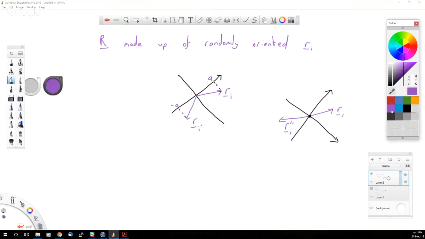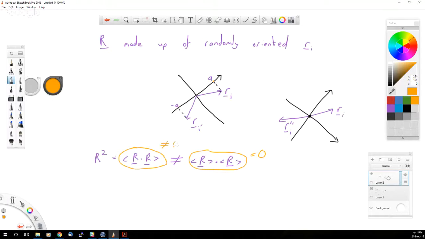However, what we then go for is R squared, and this is not the vector dotted with itself. This is the average of R dotted with itself, which is not the same as the average vector R dotted with the average vector R, because this is equal to 0 and this is not.